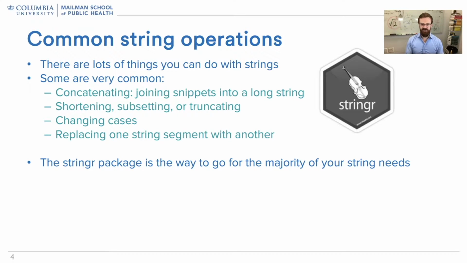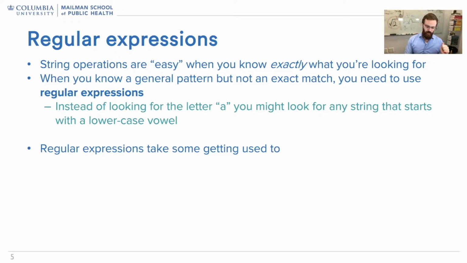For the vast majority of the operations that you're going to run into, the stringr package is a really good way of dealing with them. Where strings get complicated is in cases where you're not looking at a specific word, you don't know exactly what you're looking for, but you're trying to match a pattern.